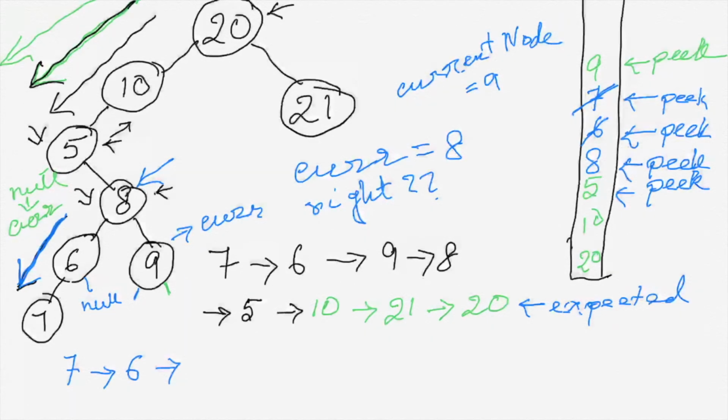we picked the top of the stack. We got 9. It has no right child, so now we poll it. We remove it from the stack and we print it. Now we peek again and we see that we have 8.